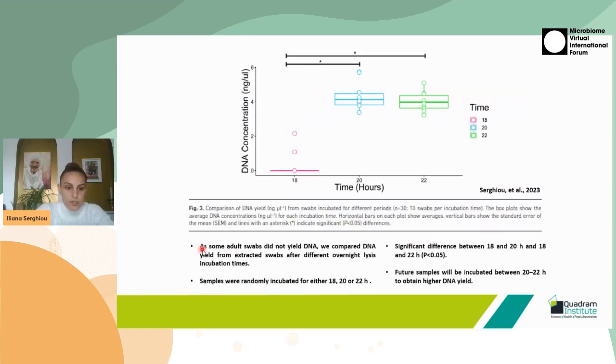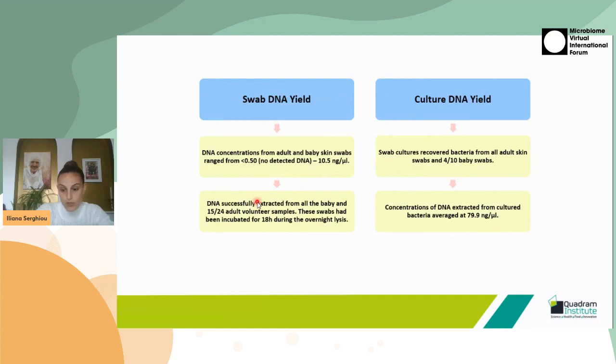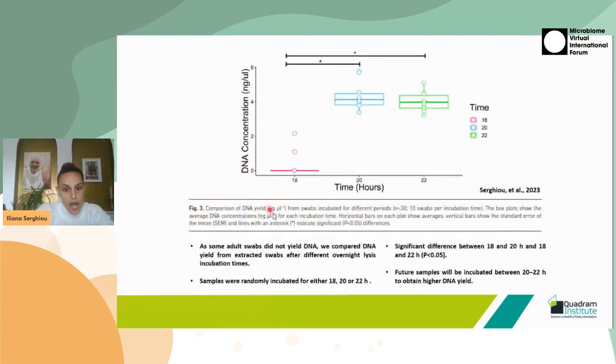I mentioned just now that some adult swabs didn't yield DNA. These were the lower end that I just previously showed you, and they were all incubated for up to 18 hours. So we decided to compare DNA yield from extracted swabs after different overnight lysis incubation times. The samples were randomly incubated for either 18 hours, 20 hours, or 22 hours.